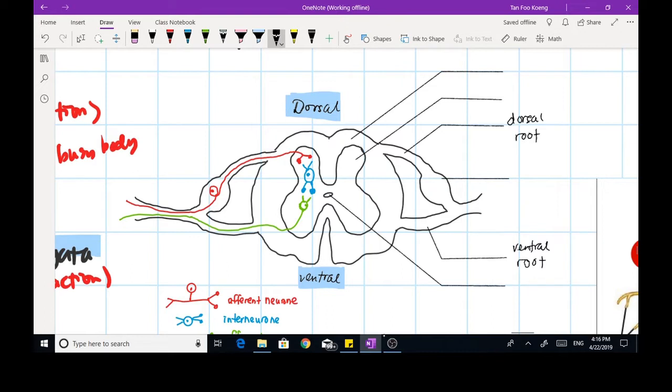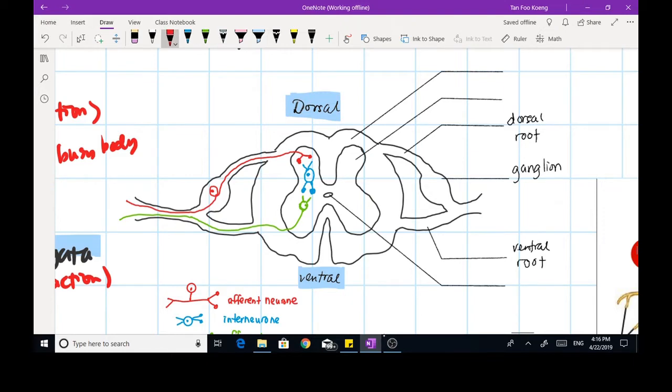Now the roots are the places where neurons are housed. So at this site, at the dorsal root, you see that there is actually a part which is swollen, and this has a name, ganglion. Now why does it swell? It is because this is a place where we will be able to see the cell body of this neuron. Now the neuron which is colored in red is actually the afferent neuron.